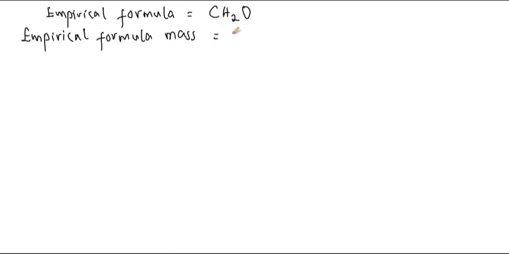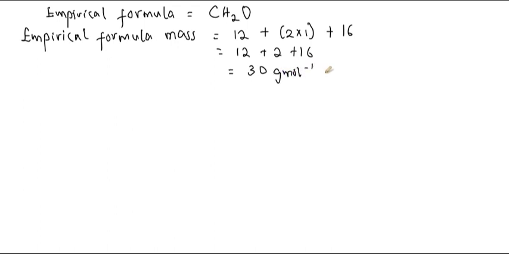So here we have 1 atom of carbon, and the atomic mass of carbon is 12, so that is 12, plus hydrogen is 1, the atomic mass of hydrogen is 1, and we have 2 atoms present, so we say 2 times 1, plus oxygen, which is 16, and this is 12 plus 2 plus 16, which is equivalent to 30. So the mass here is 30, then we can say 30 grams per mole.